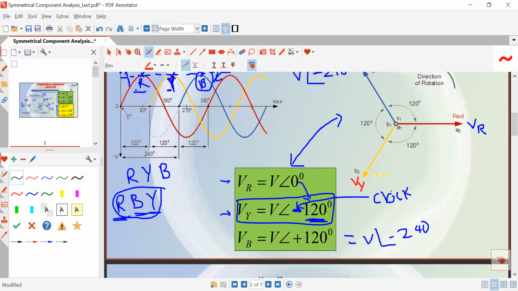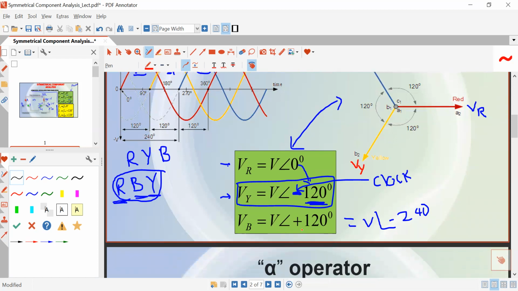And again, how will you draw this vector? Here you can see this is a plus sign. Plus sign means from the reference you have to draw another vector, but in the anti-clockwise direction.